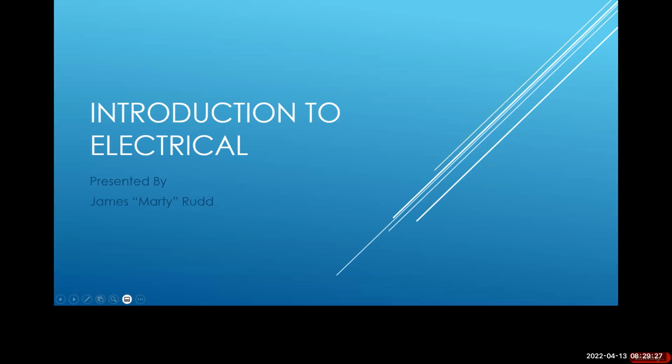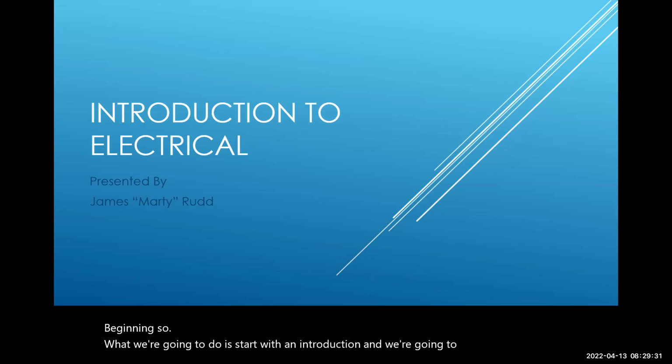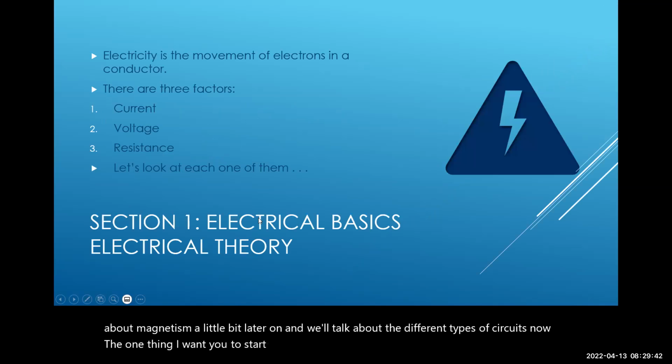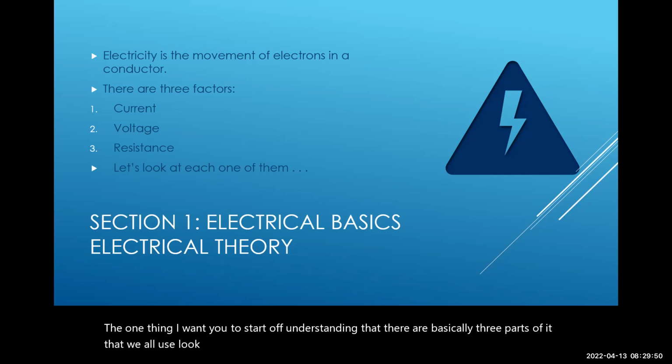We're going to start with an introduction, and we'll get into a little bit about magnetism later on, and we'll talk about the different types of circuits. The one thing I want you to start off understanding is that there are basically three parts that we always look at, and we'll talk a little bit about Ohm's law too and how that relates to all this.